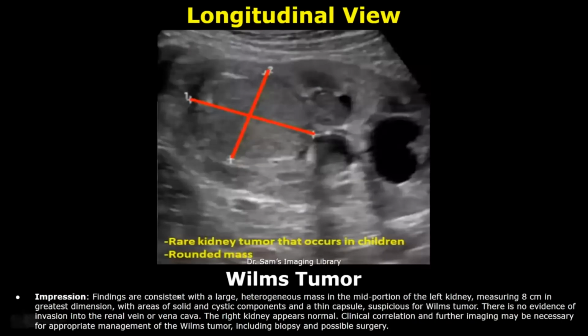The findings are consistent with a large heterogeneous mass in the mid portion of the left kidney, measuring 8 centimeters in greatest dimension, with areas of solid and cystic components and a thin capsule, suspicious for Wilms tumor.